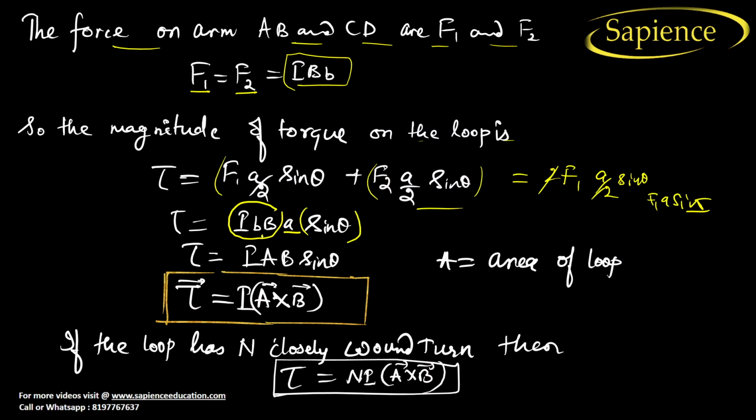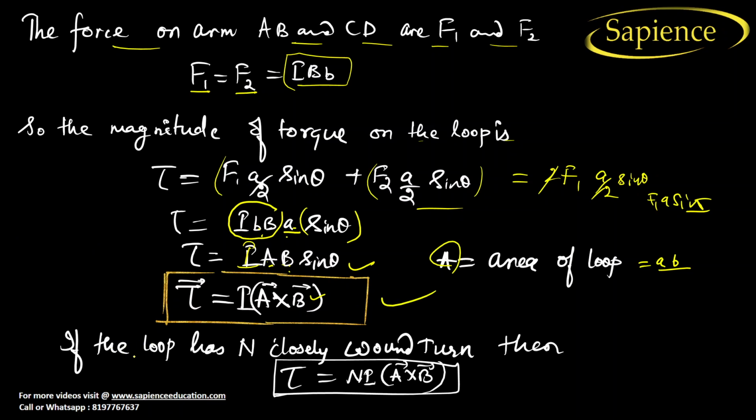Now small b and a, the area of the loop, is a into b. So in place of a into b, we can put here A. So I A B sine theta. Now current is a scalar quantity, but area and magnetic field are both vector quantities. So we can take the angle between the area vector and the magnetic field vector. So torque is equal to I A cross B. Finally, we have got torque is equal to I A cross B.